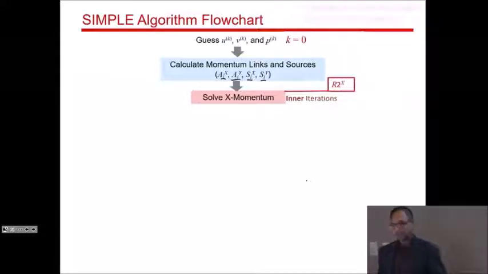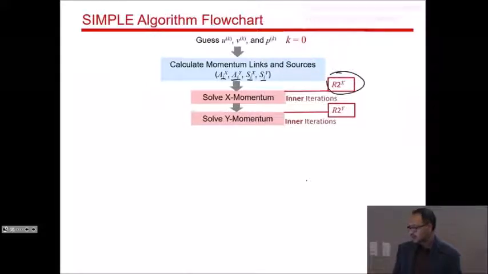Before you even solve it, you have to calculate the residual and store that residual. Now here you're doing inner iterations. Same thing with the y momentum equation. Before you solve this equation, you store the residual.